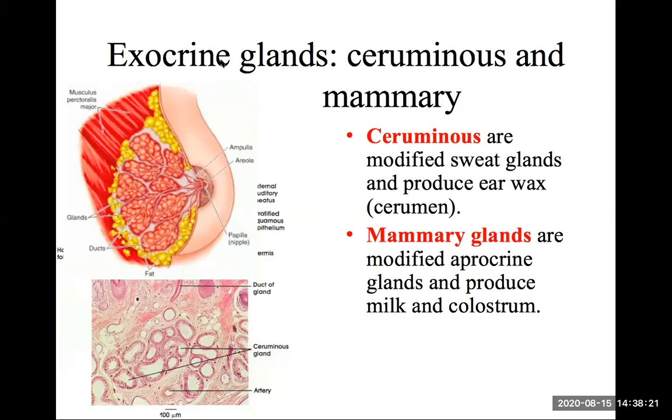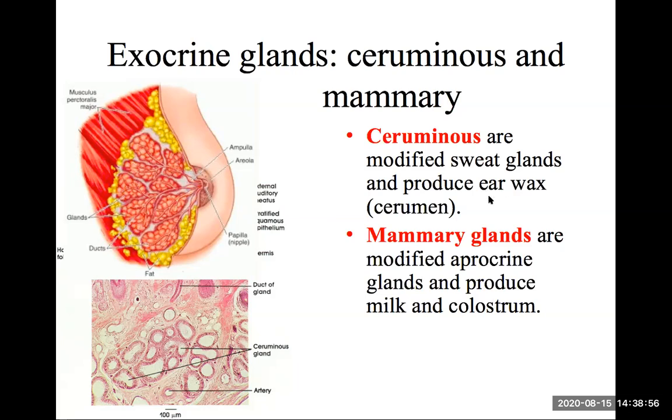Just to finish up with the exocrine glands that are associated with the dermis. Again, remember, these are all actually derived from epithelial tissue. They're just folded down deep into the dermis. It's not dermal tissue exactly. So these exocrine glands that are down in the dermis also include the ceruminous glands and the mammary glands. Ceruminous glands make a product called cerumen, which is an anatomical term for earwax.